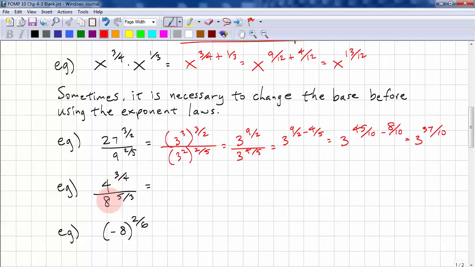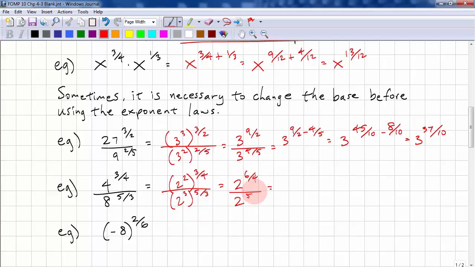Okay, again, 4 is not the common base here, so we have to go all the way down to 2. So this is 2 squared to the 3 over 4, and this is 2 cubed to the 5 over 3. And again, we want to multiply using the power of a power law. So this is 2 to the power of 6 over 4, and this is 2 to the power of 5.